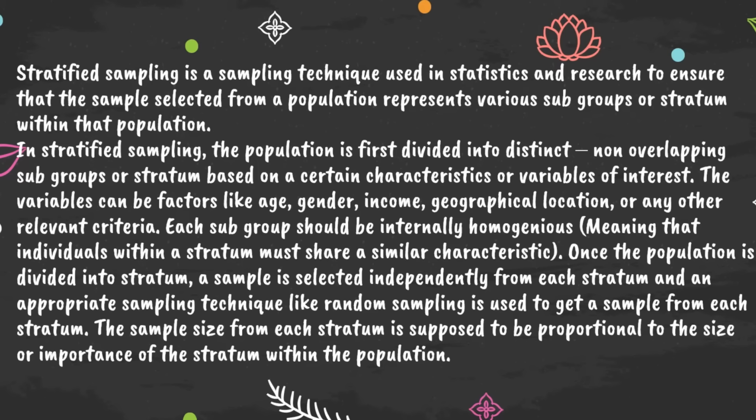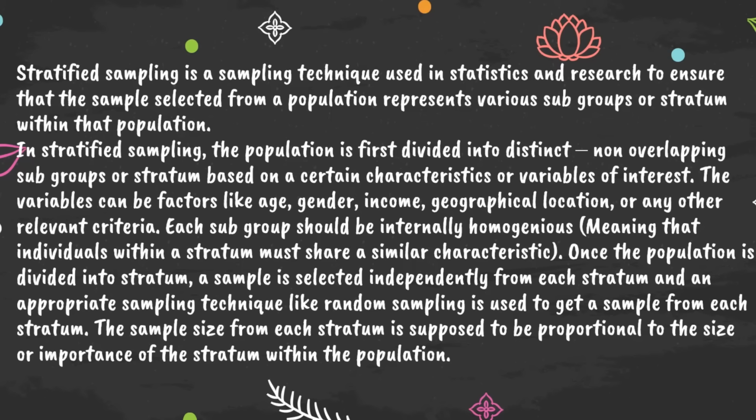I can go ahead and explain further that in stratified sampling, the population is first divided into distinct, non-overlapping subgroups or strata based on certain characteristics or variables of interest. The characteristics or variables of interest depend on you. In our illustration, we used classes.